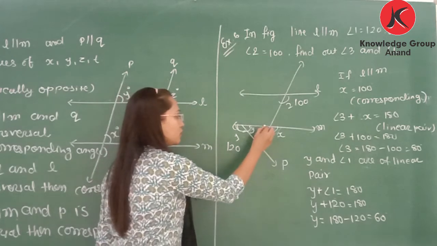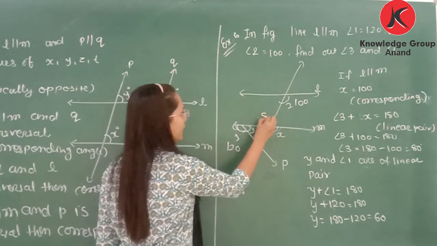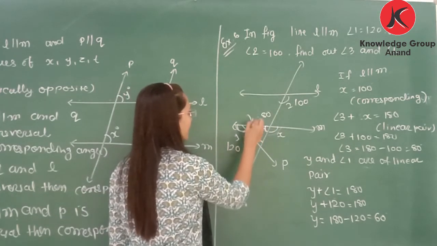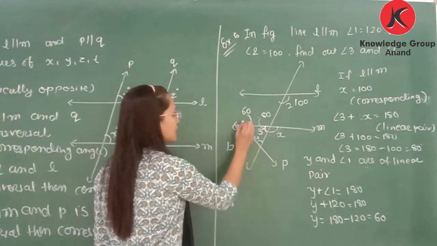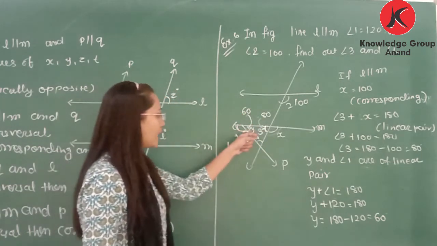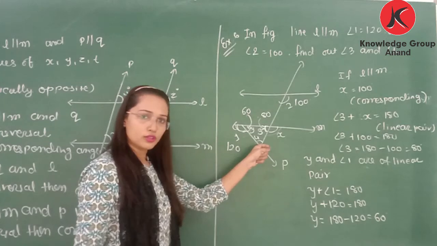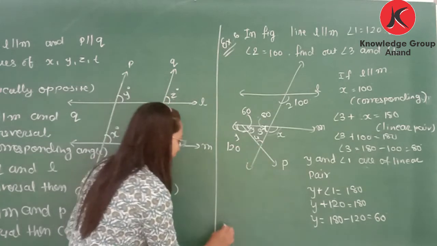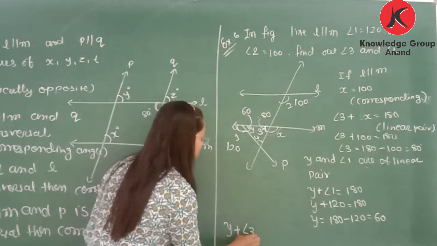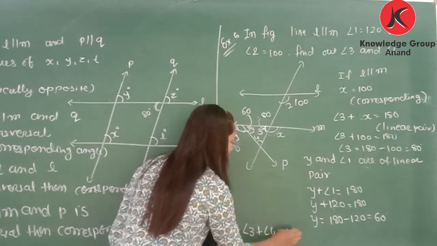Now we have angle 3 as 80 and y as 60. Now we consider this triangle: y plus angle 3 plus angle 4 is 180.